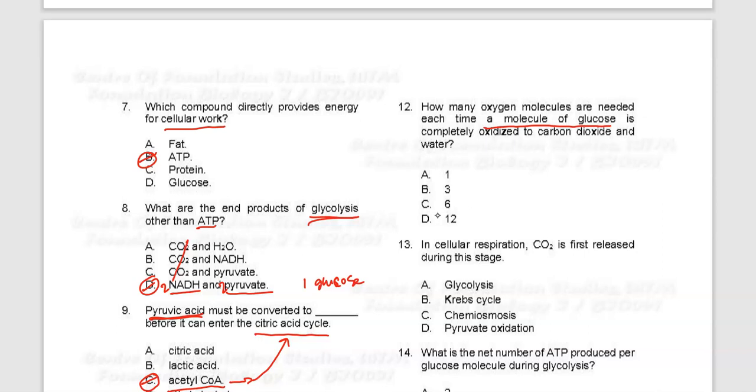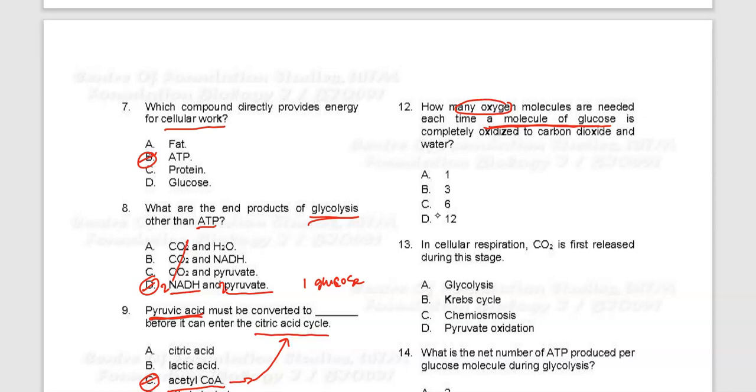In order to determine how many oxygen molecules are required to oxidize one molecule of glucose, you have to refer back to the overall equation of cellular respiration that you have already learned during Form 5.